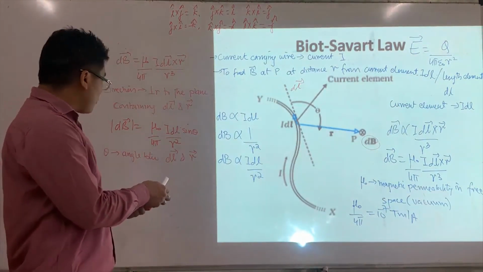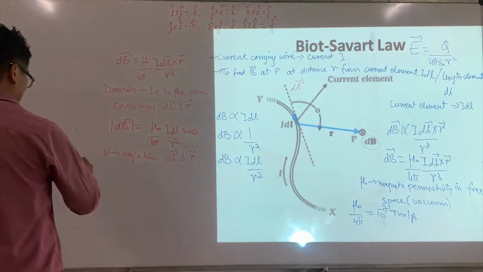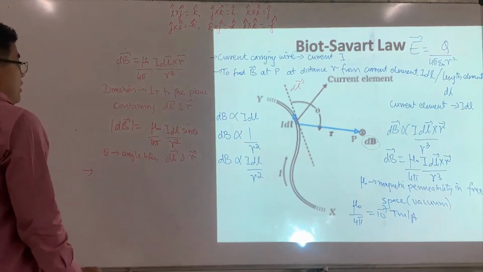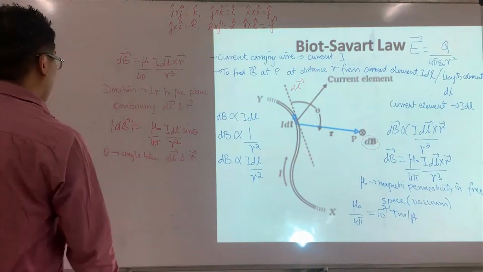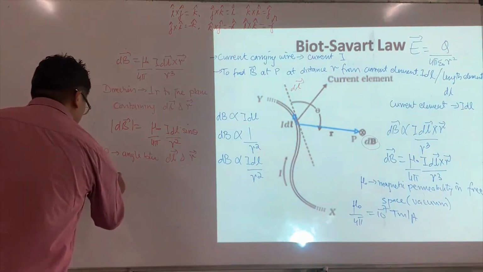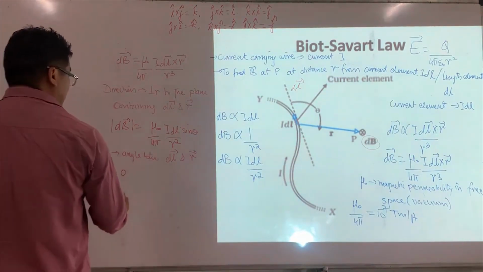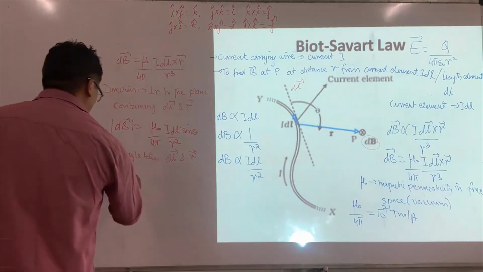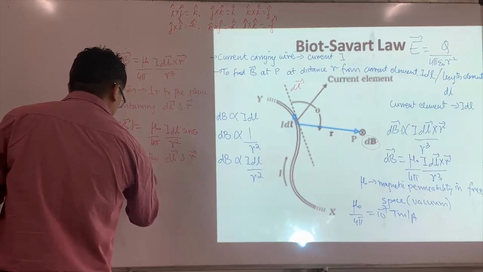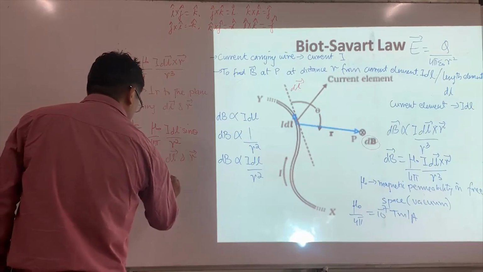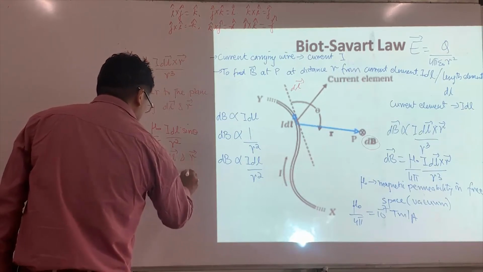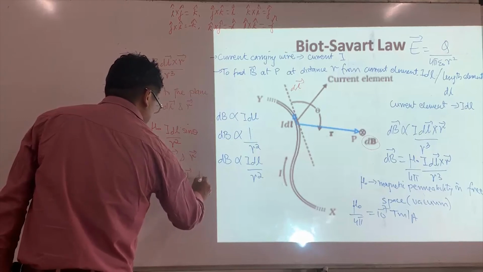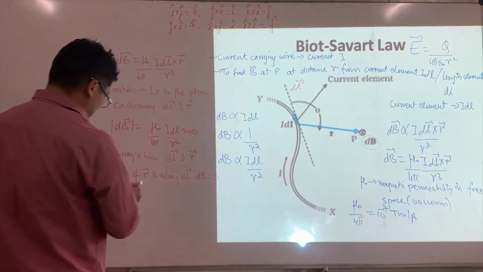Now we would like to look at a few small cases here. If theta is equal to 0, that is, if r is along dl, then dB is 0.